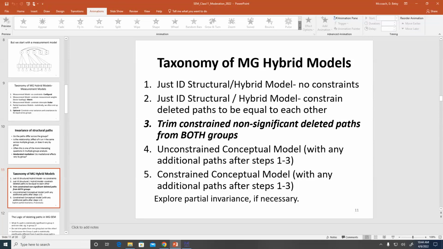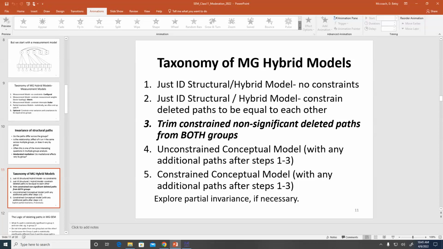Are the paths equal across the groups? But the paths could be equal across the two groups, while one group could be higher than the other in terms of their level of motivation or their level of self-concept. So looking at the paths doesn't tell you anything about the latent variable means or the intercepts.